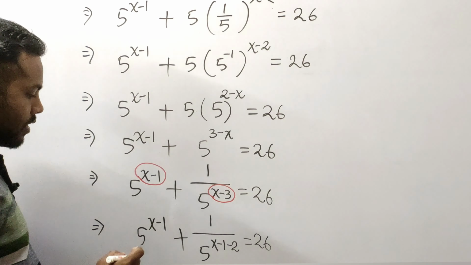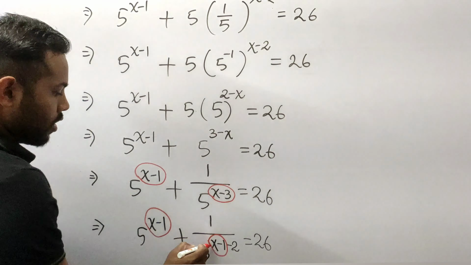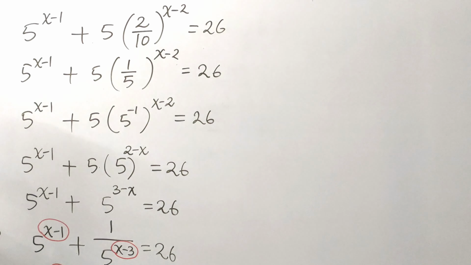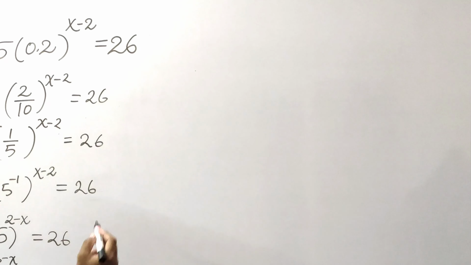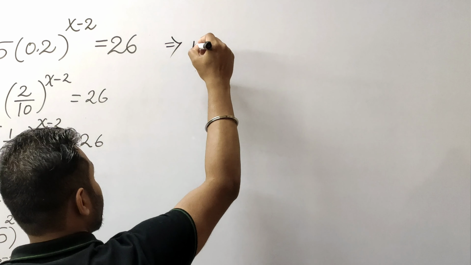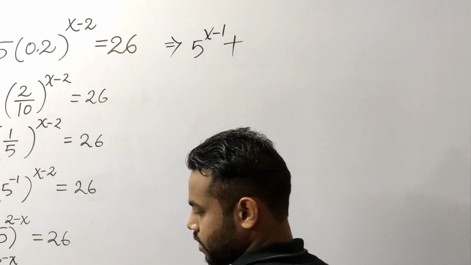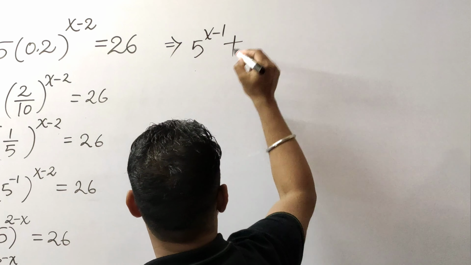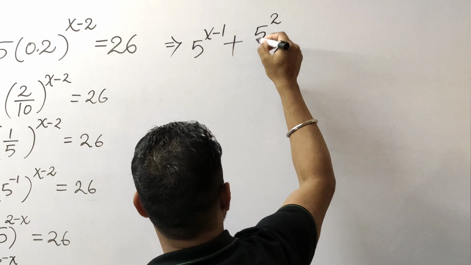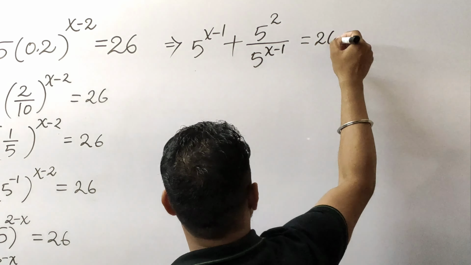Now you can clearly see that we have a form x minus 1 here and here as well. So we'll move this minus 2 to numerator using exponential rule. So now my new equation will be 5 to the power x minus 1 plus this one is going to be 5 square by 5 to the power x minus 1 is equals to 26.